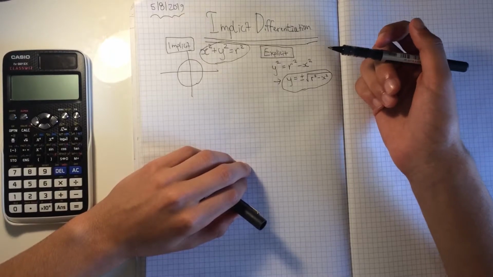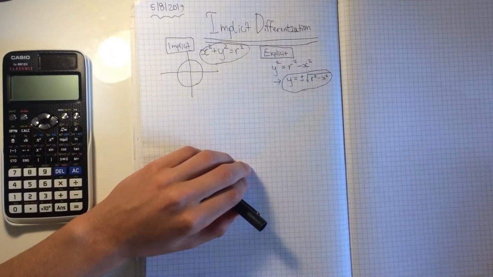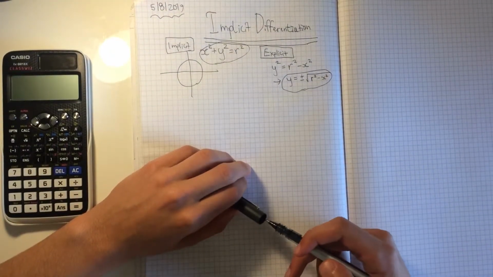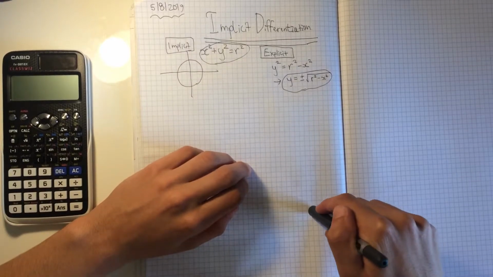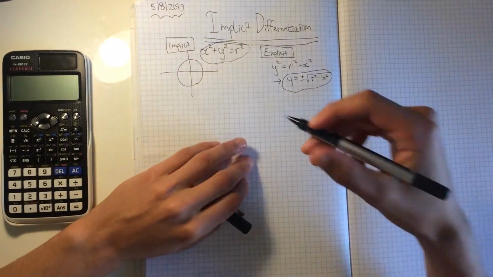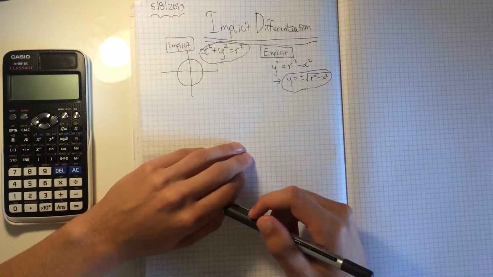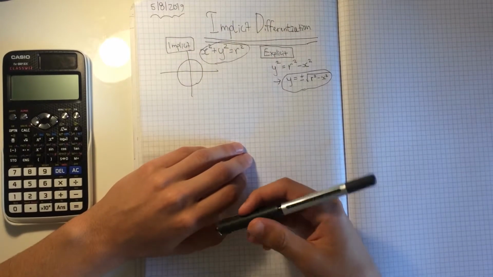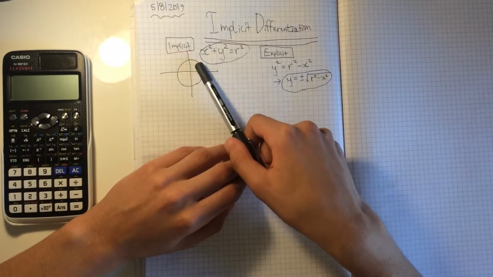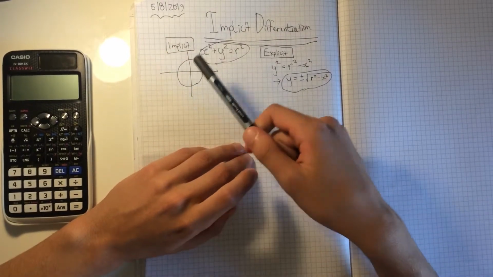As you do in algebra, you need to apply some sort of operation to both the right hand side and the left hand side. We're starting with this circle graph here, which is implicit because again you can't find y just by knowing x.